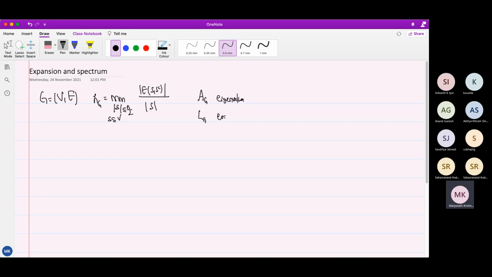So we saw that L_G has eigenvalues 0, and then less than or equal to, let's call it lambda 2. This second one is the most important one. Let's call it lambda 2, less than or equal to lambda 3 and so on, up to lambda n. This is lambda 1.